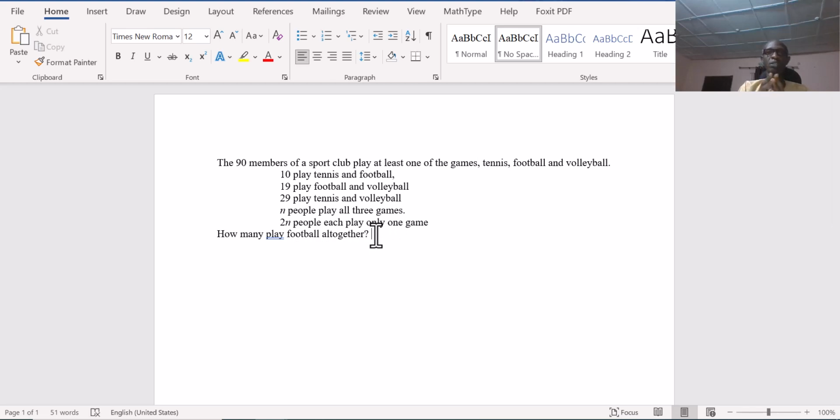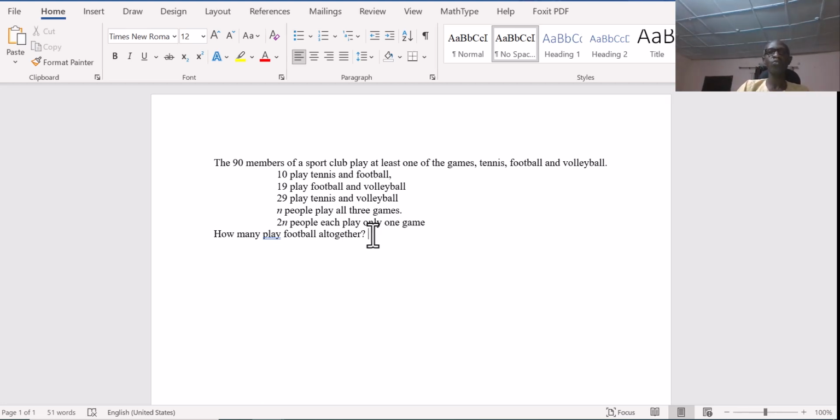When we see problems like this, the word "at least": the 90 members of a sports club play at least one of the games. If they say at least one of the games, that means there are people that play just one game, people that play two games, and people that play three games. So you can use the word union.